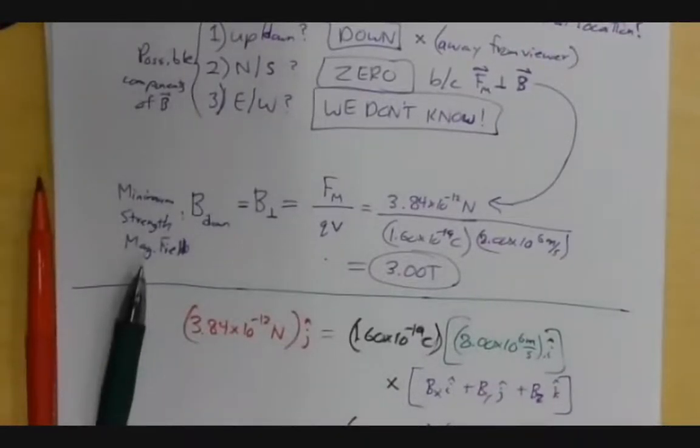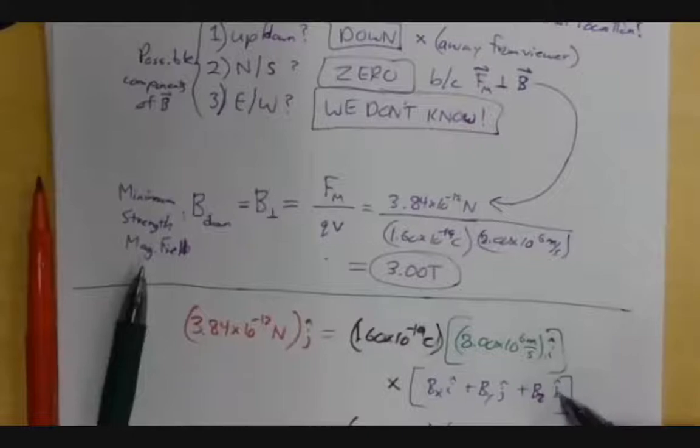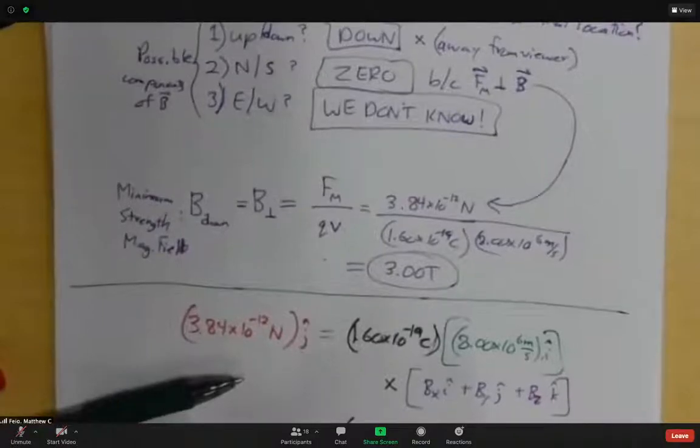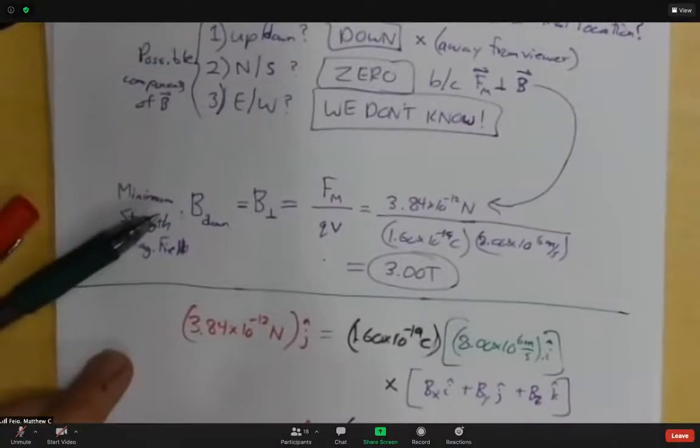And i cross k is negative j, so I get a minus Bz j hat. I want to equate this with what's on the other side, which is 3.84 times 10 to the minus 12 newtons, all in the j hat.